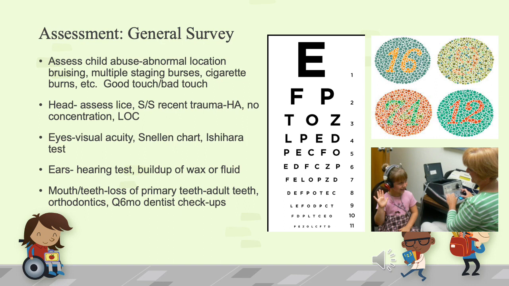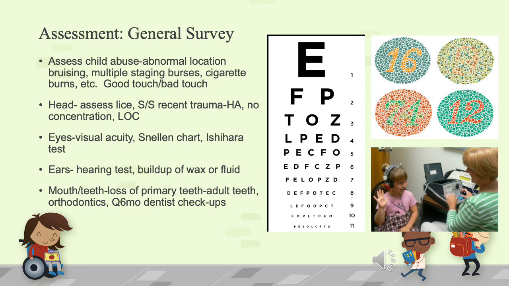So on from head to toe, because hopefully at this age group we can do a good head to toe assessment. The assessment of a head of a school-age child also includes assessing for any head lice, which are small insects that live on the scalp, and typically you won't see the bugs themselves as much as you'll see their eggs or nits that are attached to the bottom of the hair follicle.